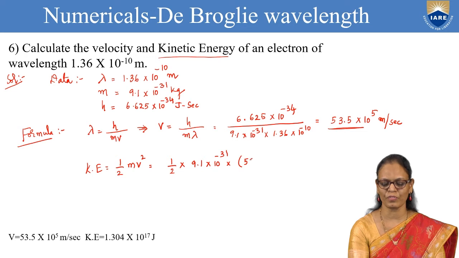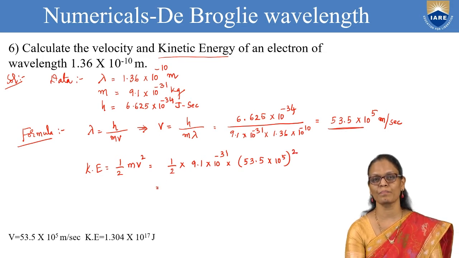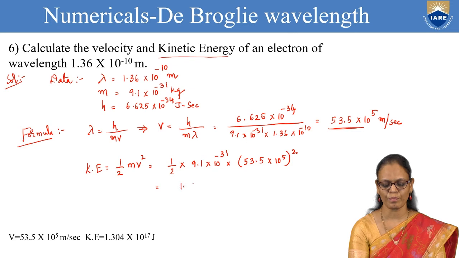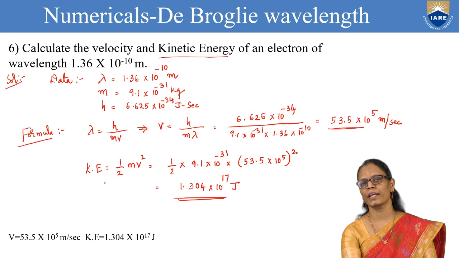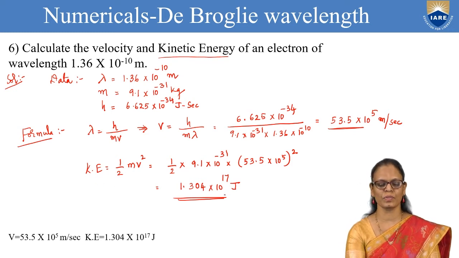What is the value of v? We got 53.5 into 10 to the power of 5, whole square. Substitute and simplify, you get 1.304 into 10 to the power of 17 joules. So the kinetic energy is always expressed in joules.